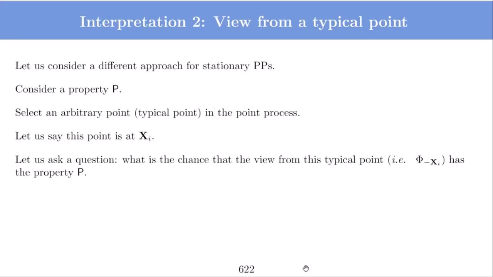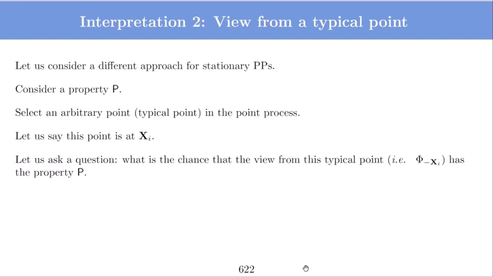And what does the view from a point mean? You go to the point, make that point the origin, and then you look at the point process. This just means that you shift the point process by minus xi. When you shift the point process by minus xi, the point at xi becomes 0. That becomes the origin, and the whole point process shifts.